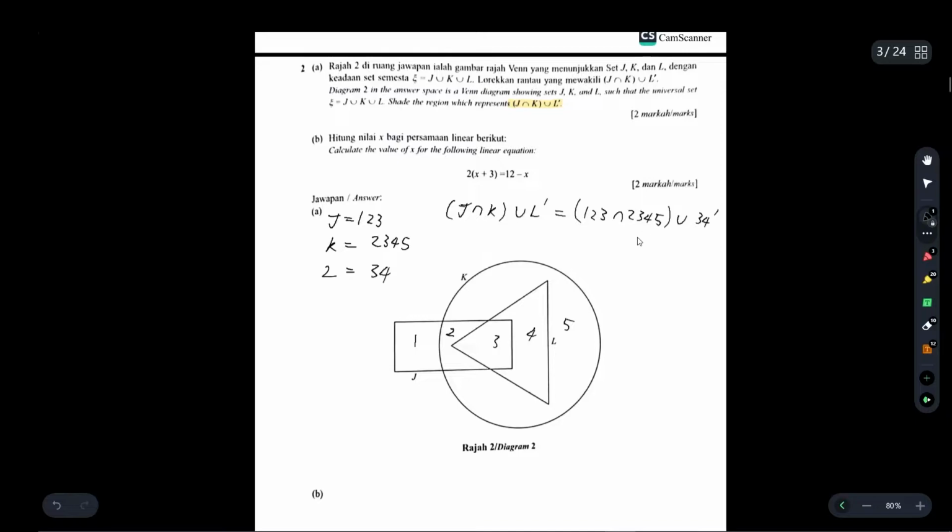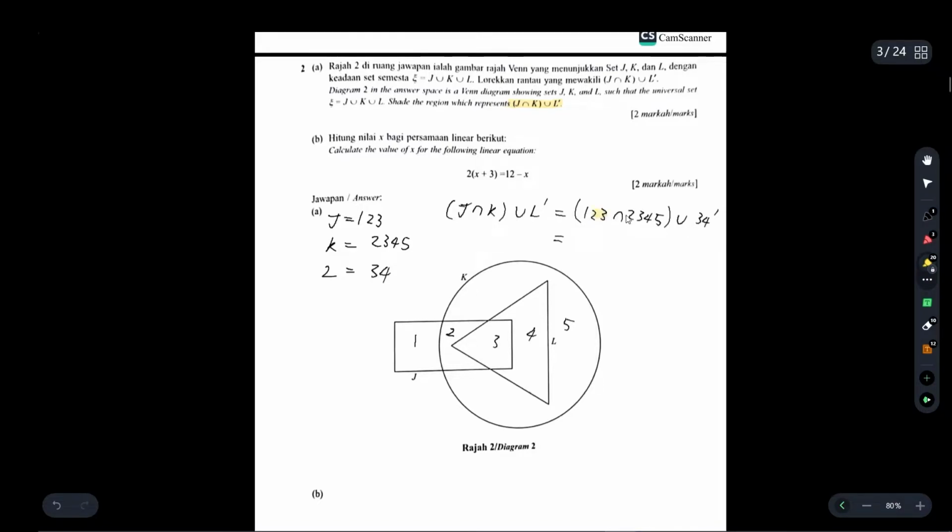We're going to solve the problems inside the bracket first, because that's the general mathematics rule. The meaning of this reverse symbol, intersect, is the common region between those two sets.